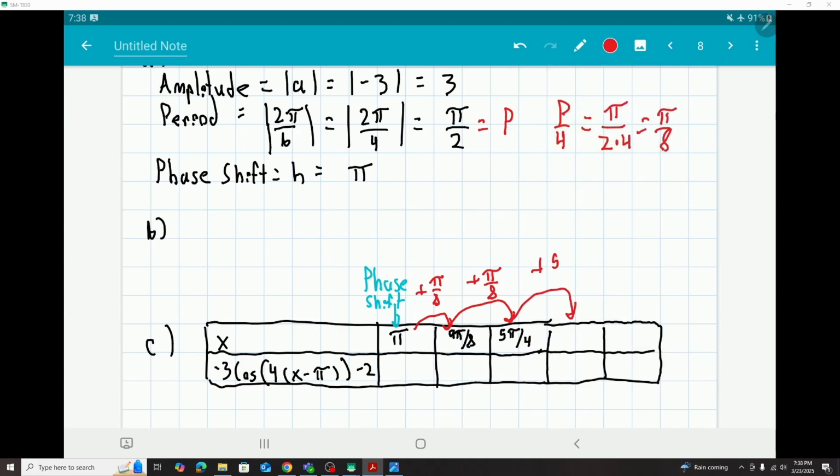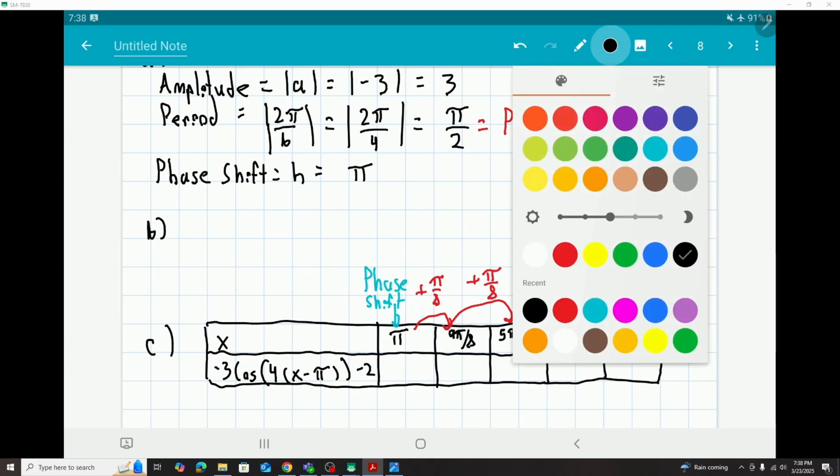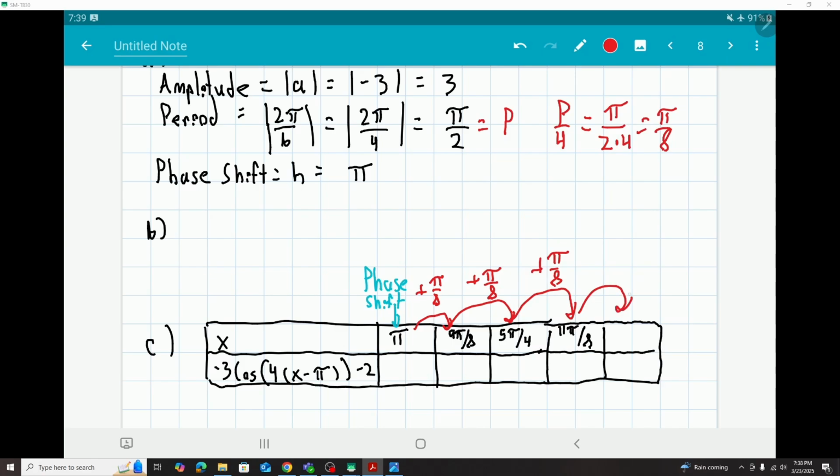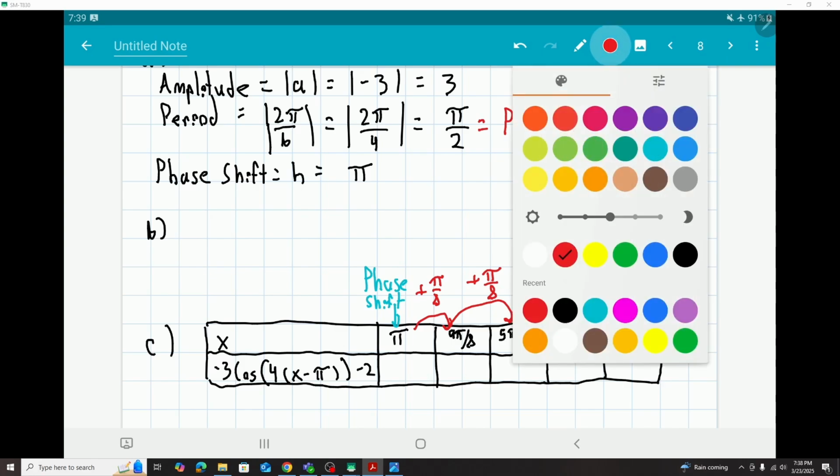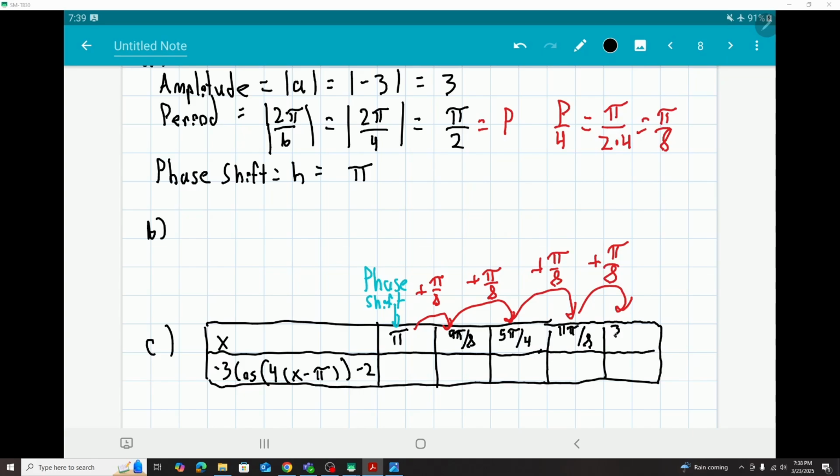Add another pi over 8. We're back to 5 pi over 4 is 10 pi over 8. Plus another one is 11 pi over 8. And then we do one more. And we get 12 pi over 8, which is the same thing as 3 pi over 2. So now we're going to plug all of this in.